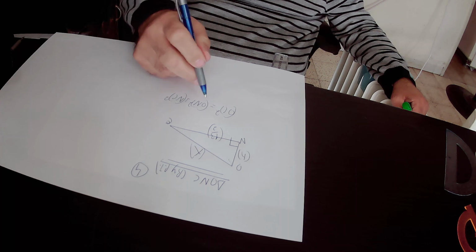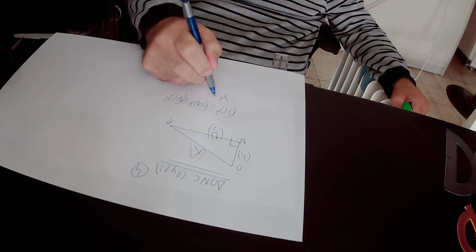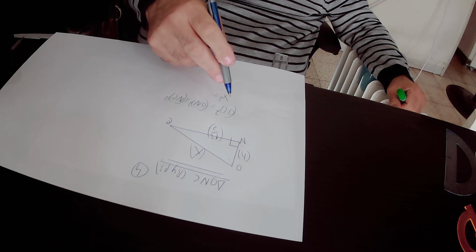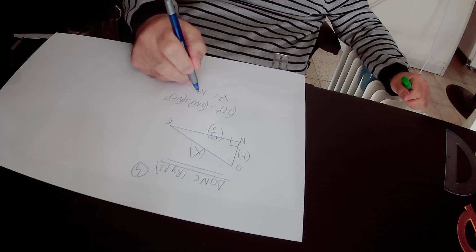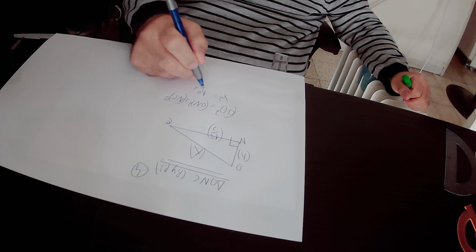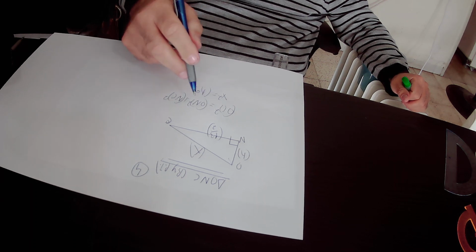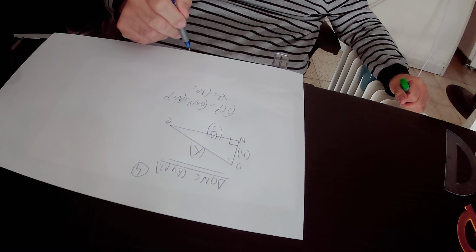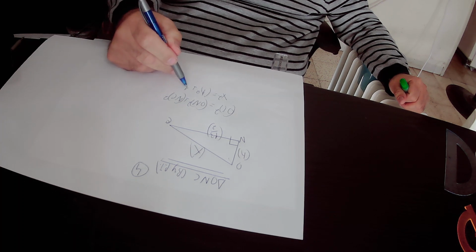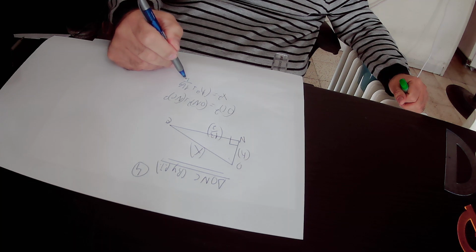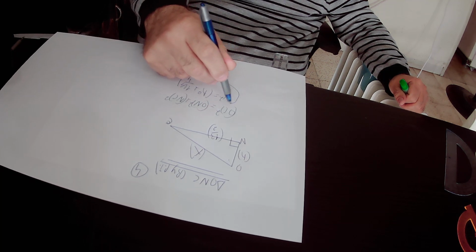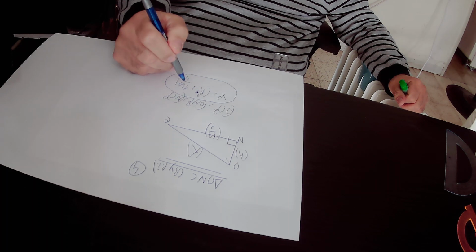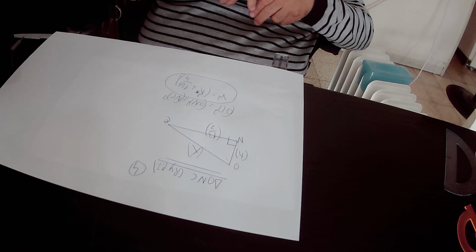OC is x, therefore OC squared is x squared, which equals ON squared. ON is h, therefore ON squared is h squared, plus NC squared. NC is 13 over 2, therefore NC squared is 169 over 4. So in conclusion, we found out that x squared equals h squared plus 169 over 4.